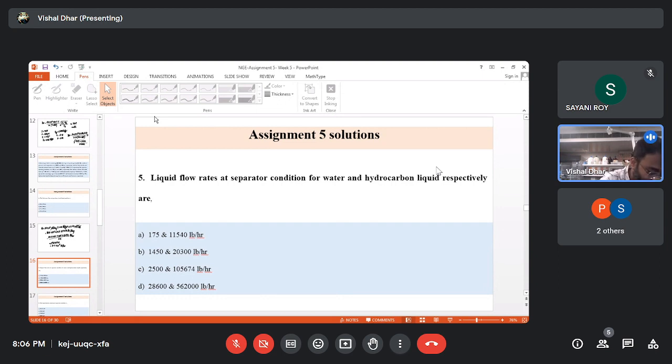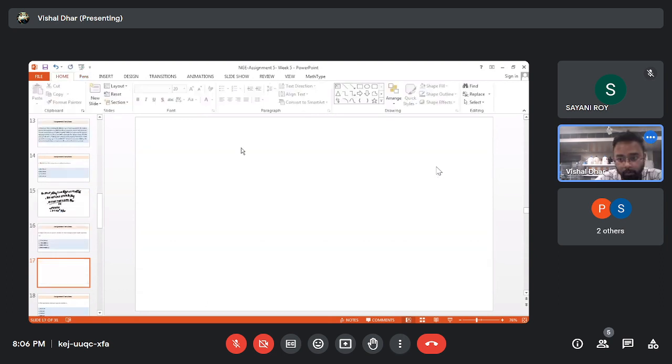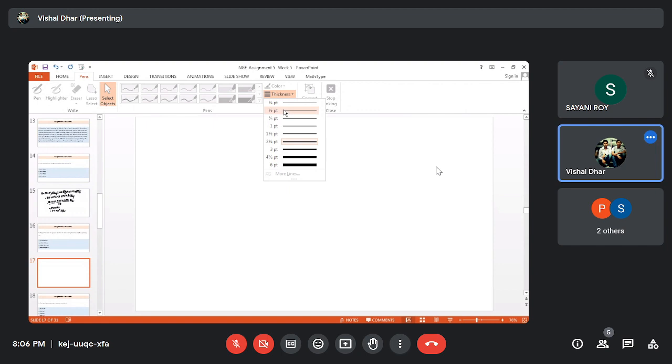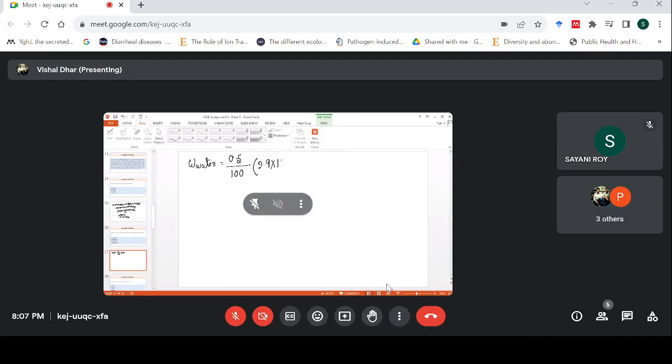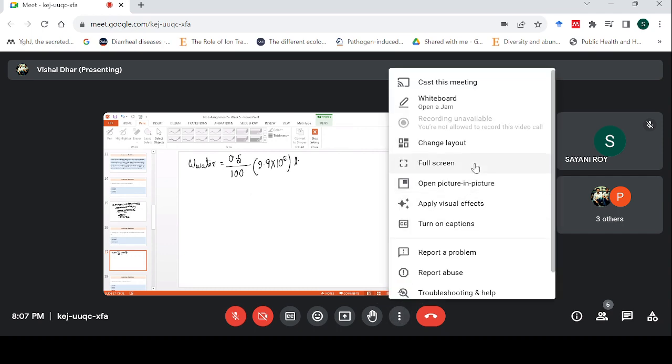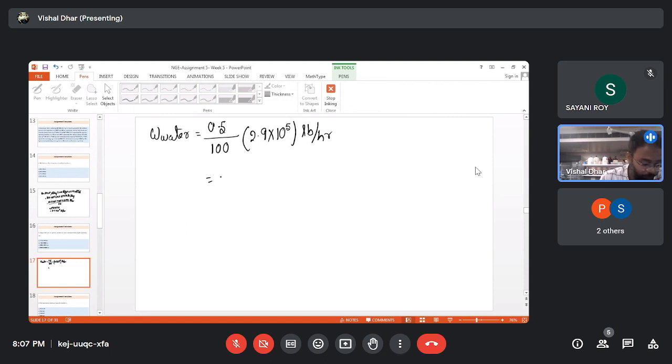Okay, let me solve the question for you. So, for water, W water equal to 0.5 divided by 100, whole thing into 2.9 into 10 to the power 5 lb per hour, equal to 1450 lb per hour.